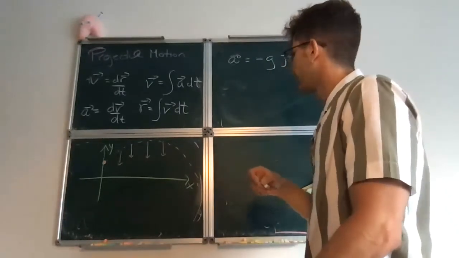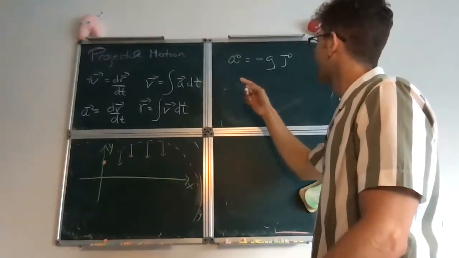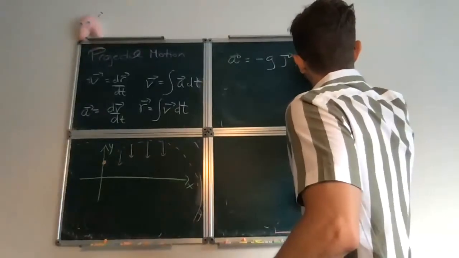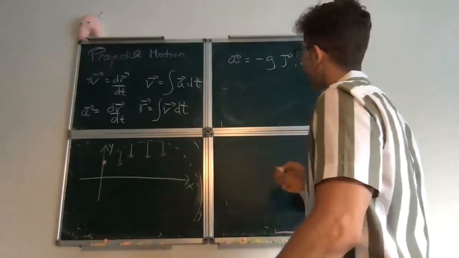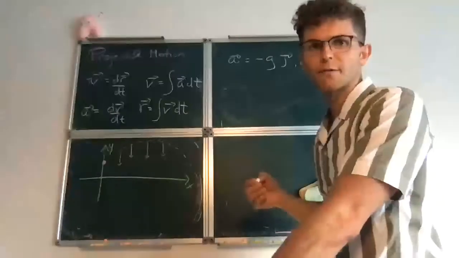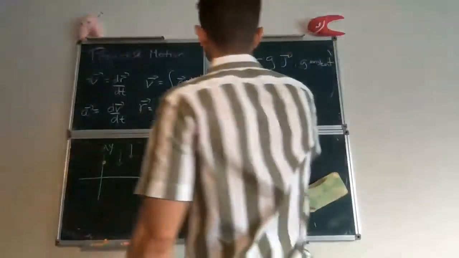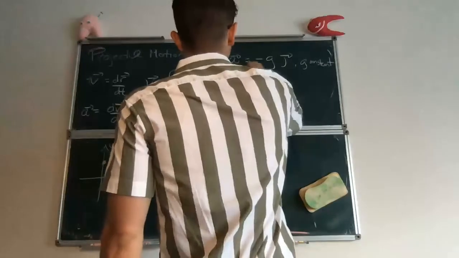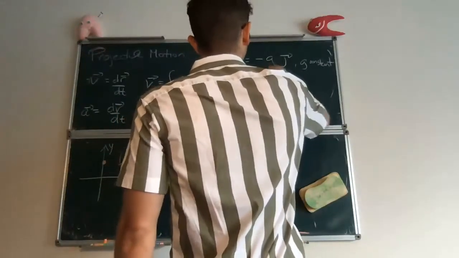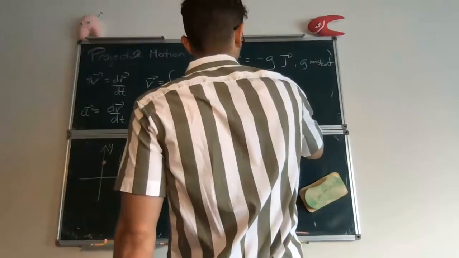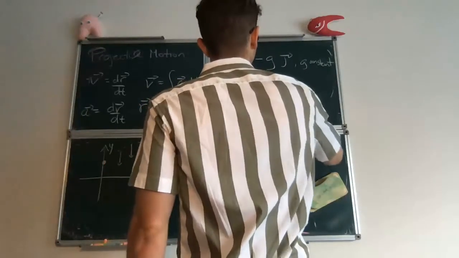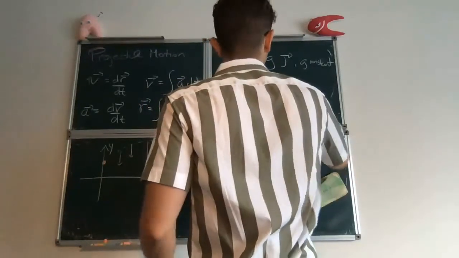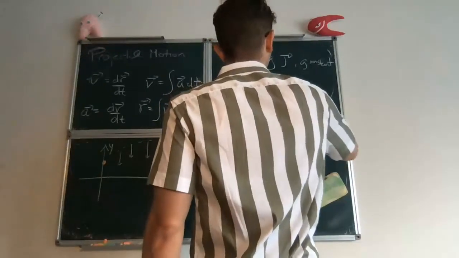And from this formula for the acceleration, then you can find the velocity by integrating it. So the velocity is just the integral of the acceleration. So it's just like the integral of minus g j dt.